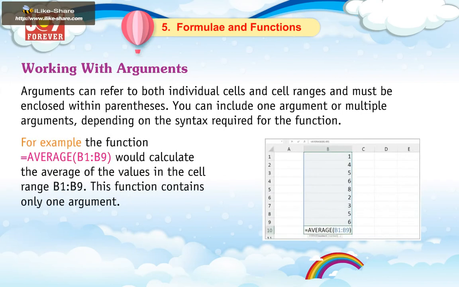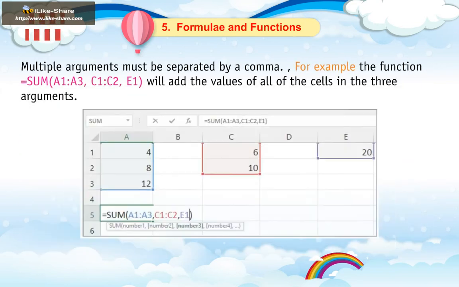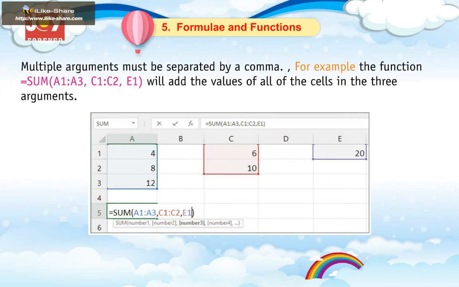For example, the function =AVERAGE(B1:B9) would calculate the average of the values in the cell range B1 to B9. This function contains only one argument. Multiple arguments must be separated by a comma.